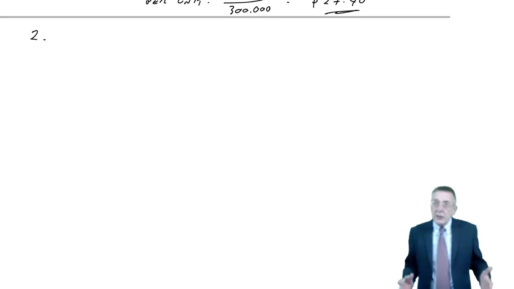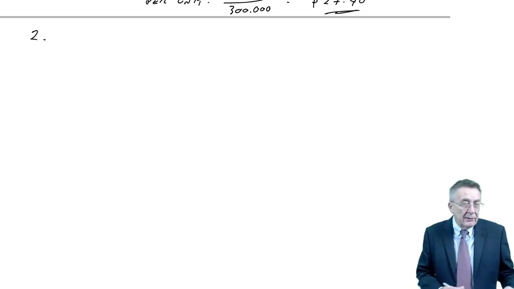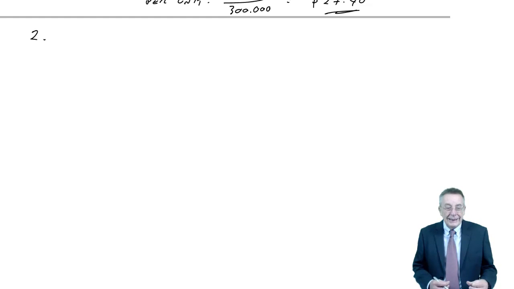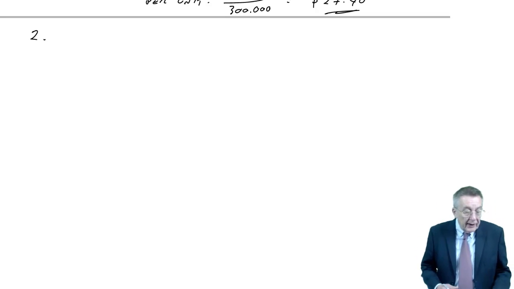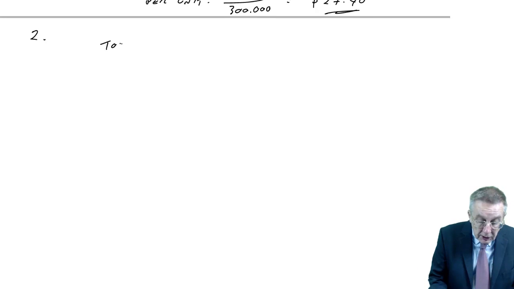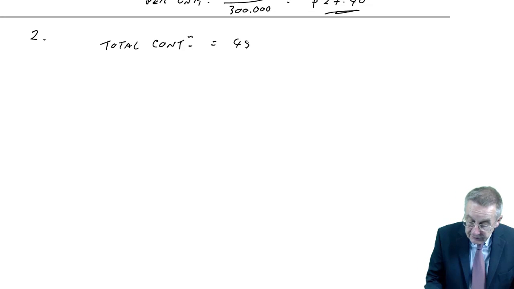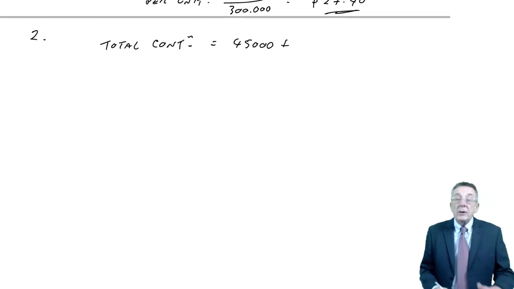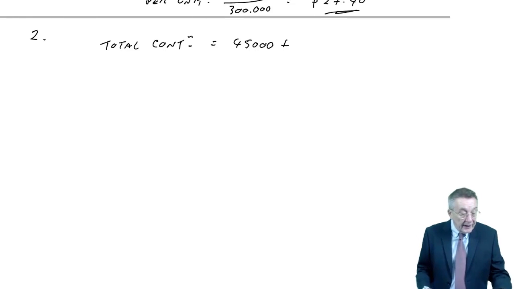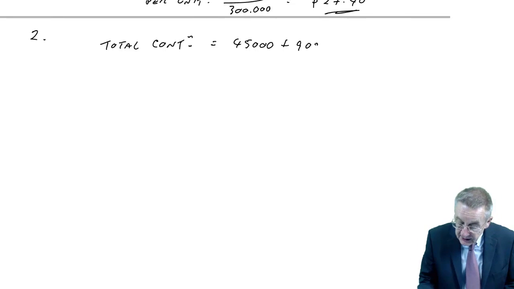Well, it should hit you immediately, since contribution figures were given. We know the fixed costs, and so we need to say what total contribution we want. For a profit of 45,000, we need a contribution, the profit before fixed costs, of 45 plus 90.